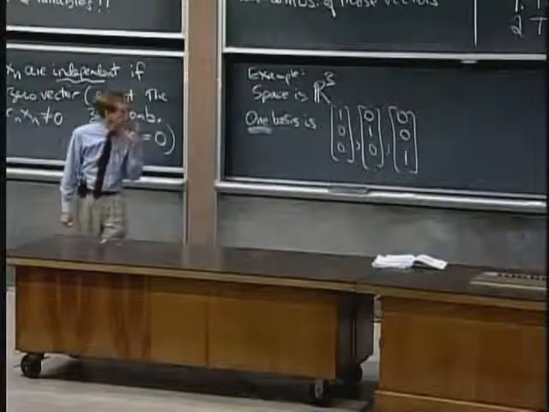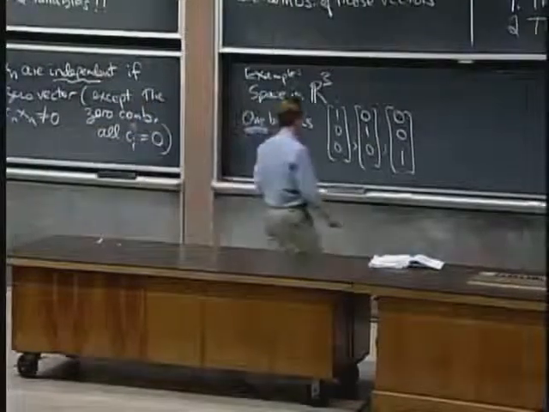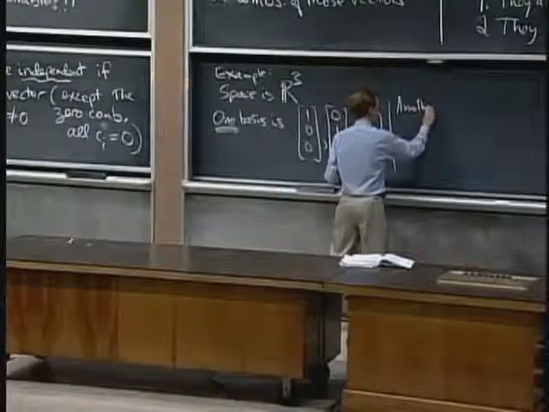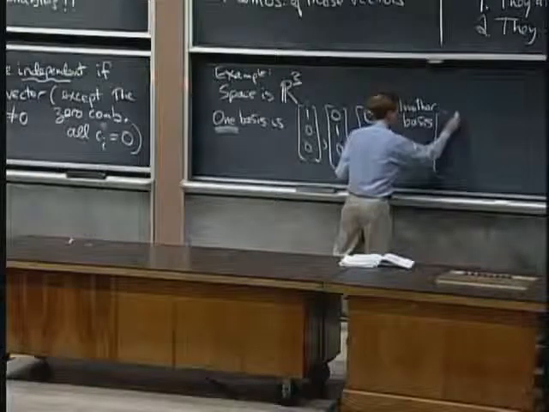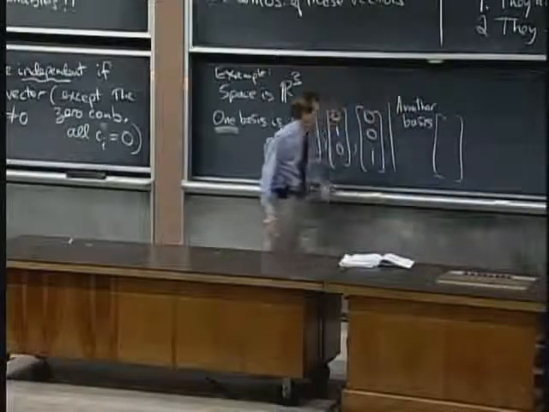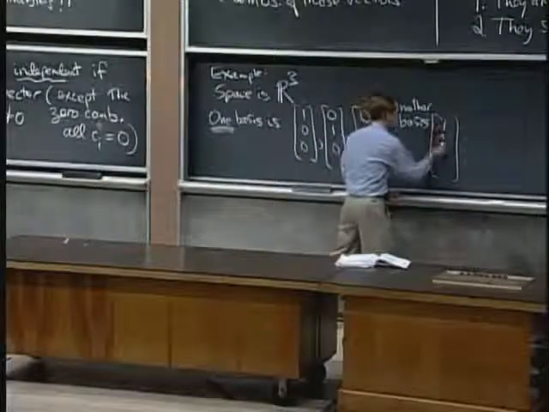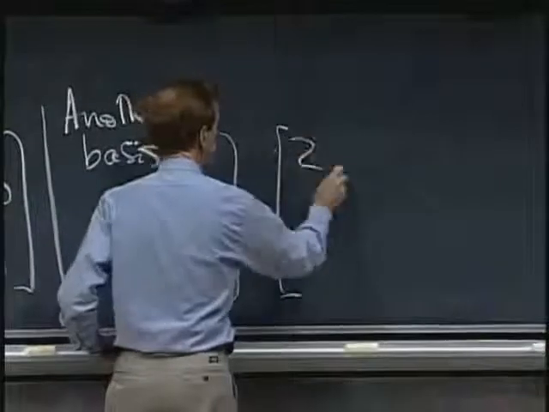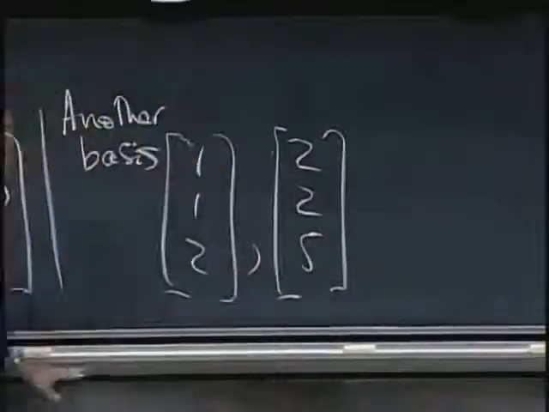Now, that's not the only basis, far from it. Tell me another basis, a second basis. Well, I'll just start it out: 1, 1, 2 and 2, 2, 5. Suppose I stop there.